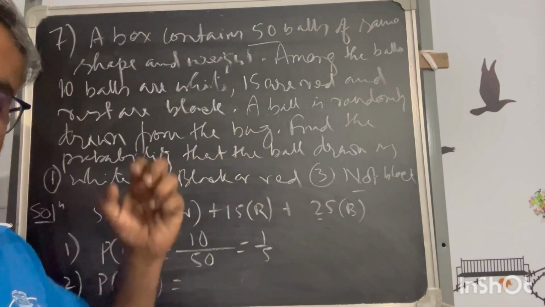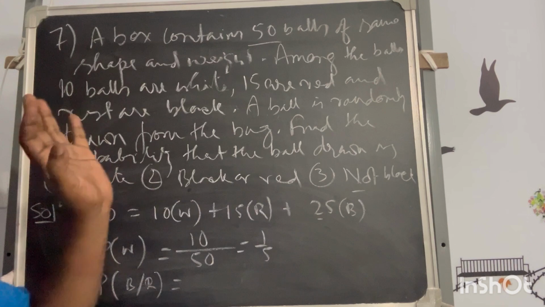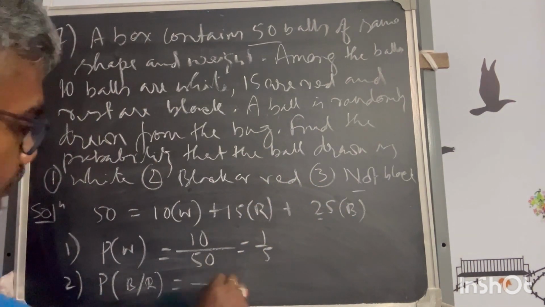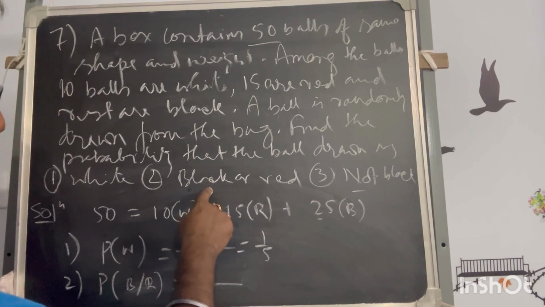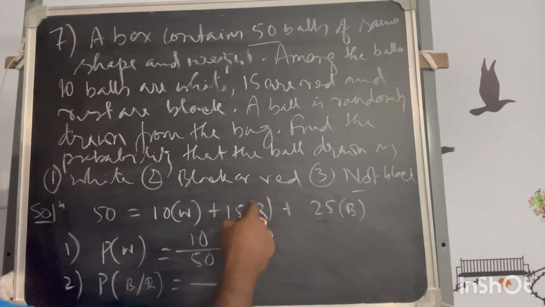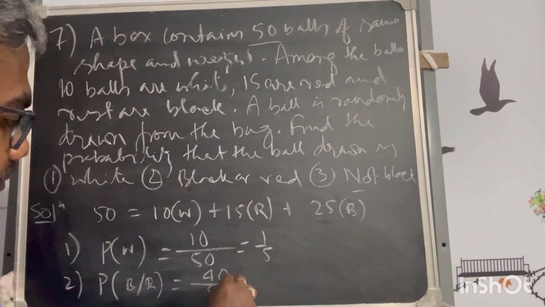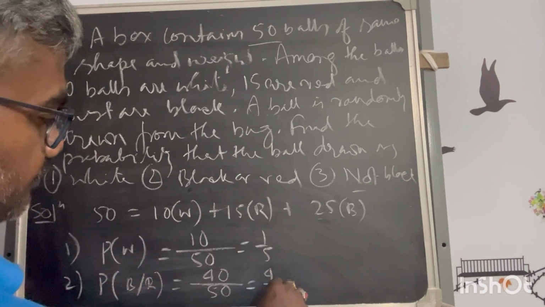When you pull a ball and get red, that is also accepted. So both numbers together give the possibility. So your count in the numerator will be black 25 and red 15, so all total 40. The total count is the same, so 4 by 5 is your second result.